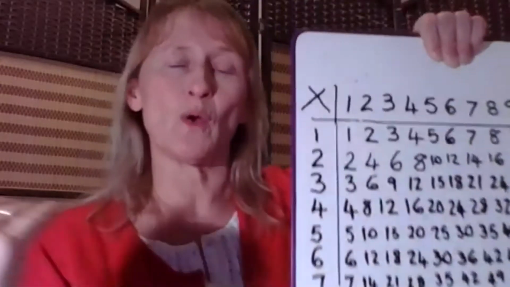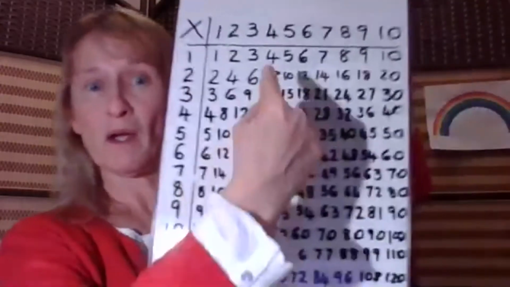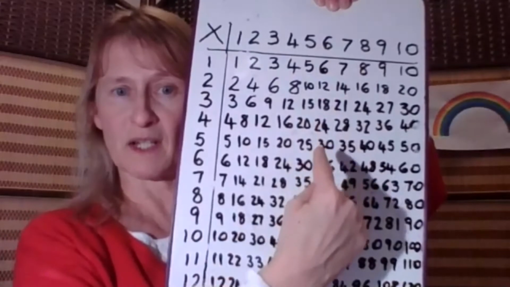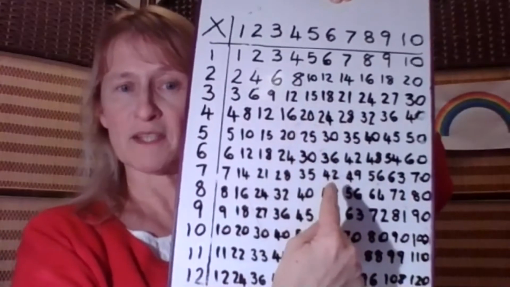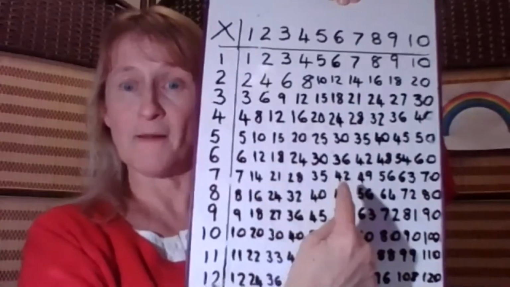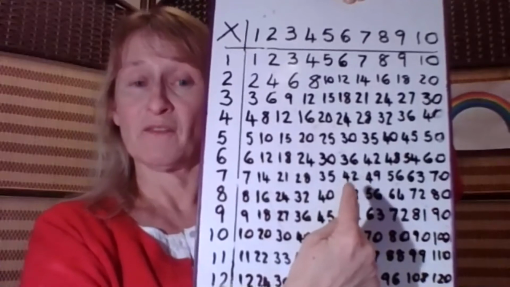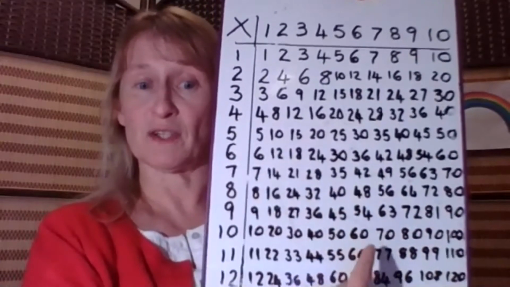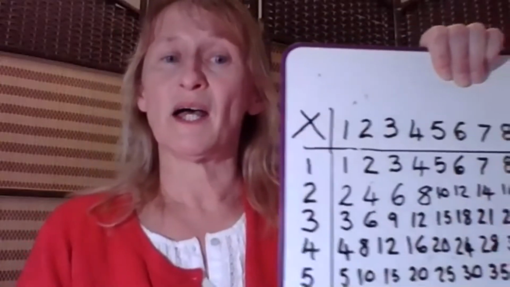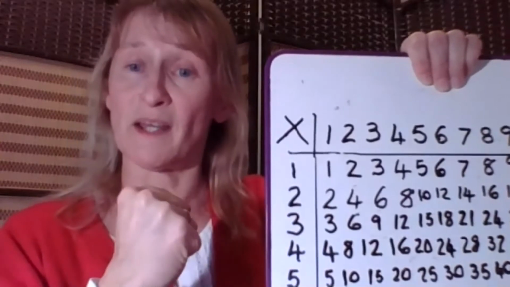If I ask you to write down 5 multiples of 6 which are bigger than 40, then you need to look down the 6 times table and say, right, 42 is the first multiple of 6 which is bigger than 40. So I'm going to start there. 42, 48, 54, 60, 66, and 72. Okay, so some of your questions today say something like that.